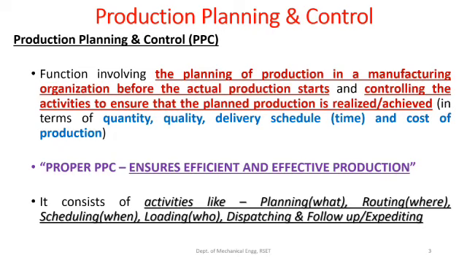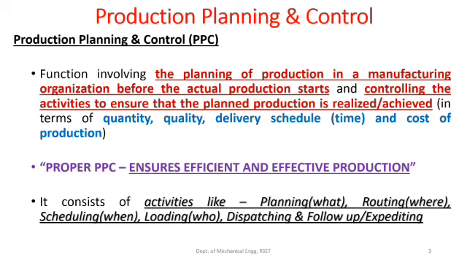Then it also consists of activities like scheduling, where you establish when a particular process or step has to be carried out. Then loading, which determines who is responsible for a particular process or activity. Then dispatching, which actually gives orders for starting production.